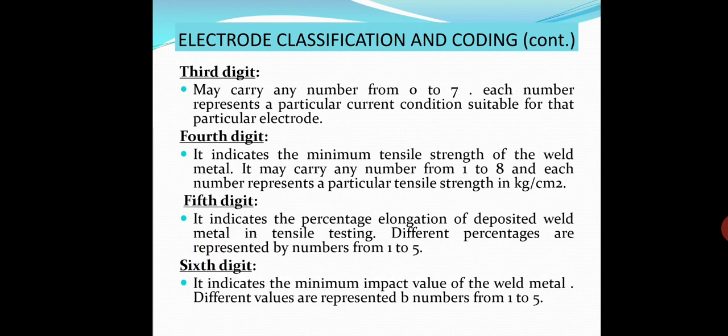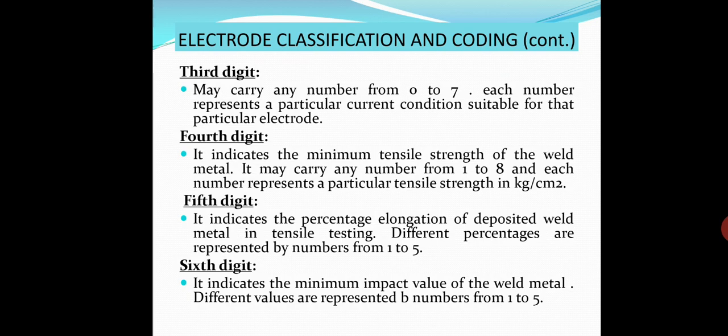The third digit may carry any number from 0 to 7, and this number represents a particular current condition suitable for that electrode. The fourth digit indicates the minimum tensile strength of the weld metal. It may carry any number from 1 to 8, and each number represents a particular tensile strength in kg per centimeter square.